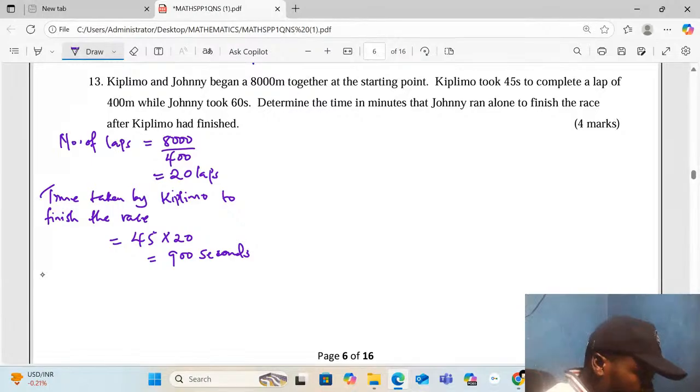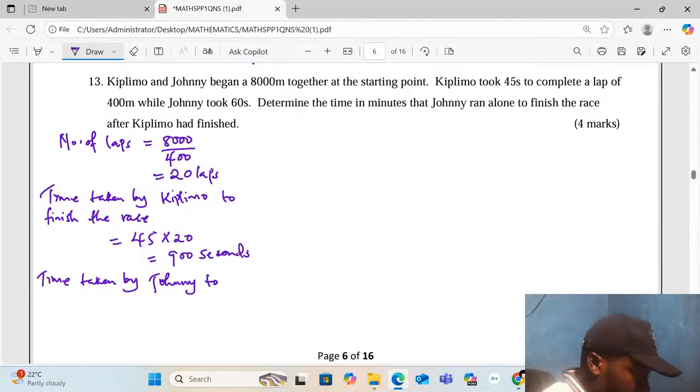Then we also need to find the time taken by Johnny to finish the race. He is taking only 60 seconds per lap.